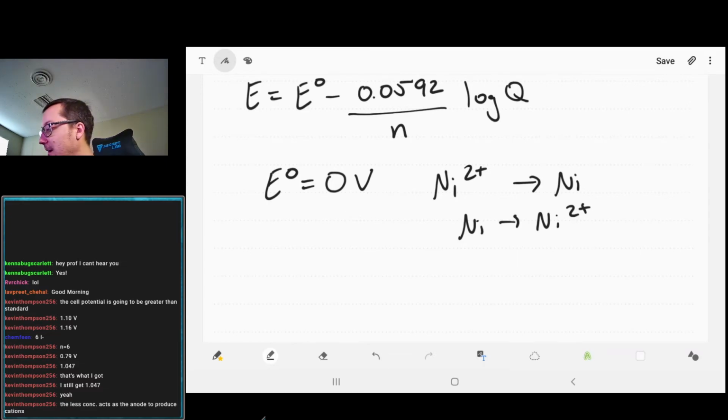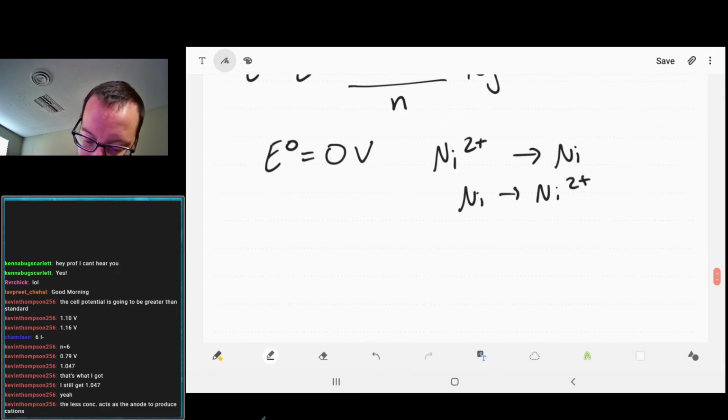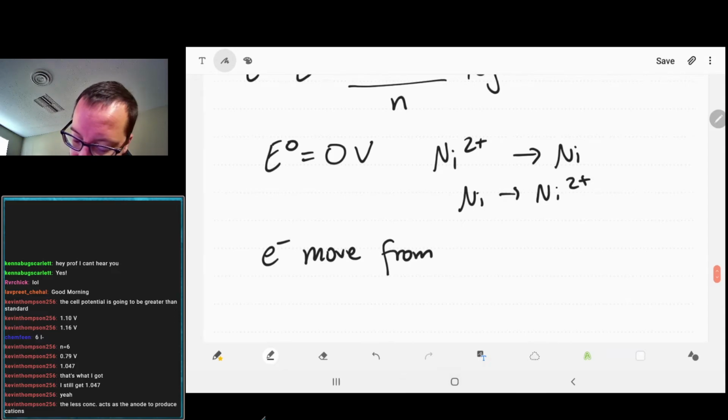We're going to see that as we do this, the electrons are going to move from the less concentrated side to the more concentrated side. Hold on, let me write this out. From less concentrated to more concentrated.